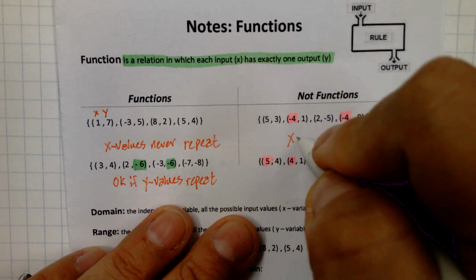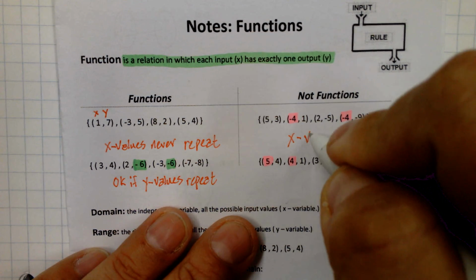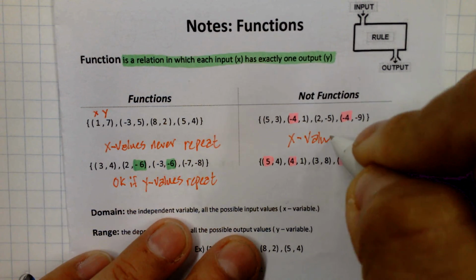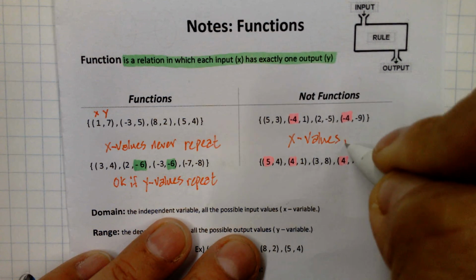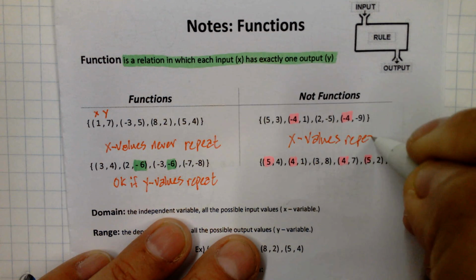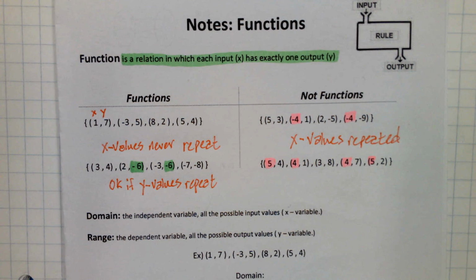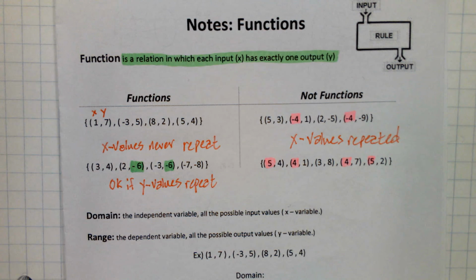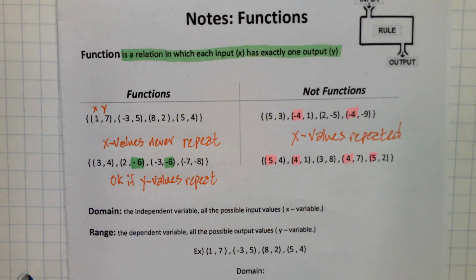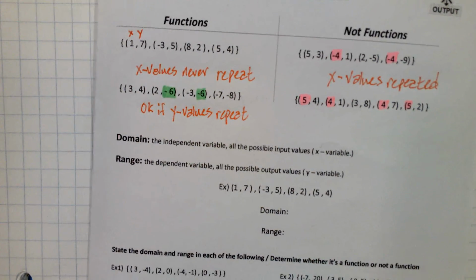So x values repeated. They came up more than once. And that's going to be the case each and every time that disqualifies something and makes it not a function. All right. Let's talk about the domain and range.